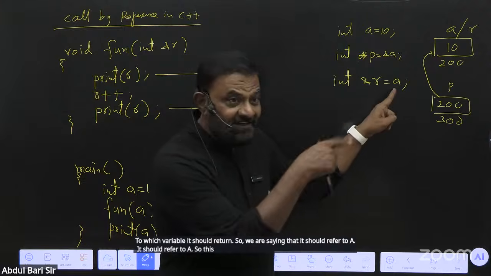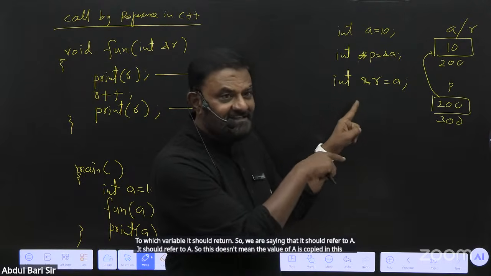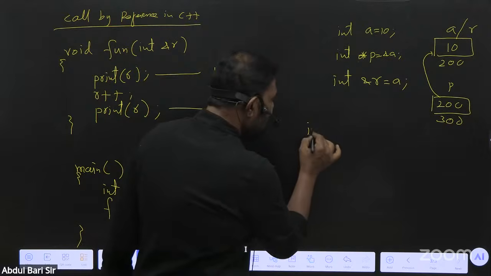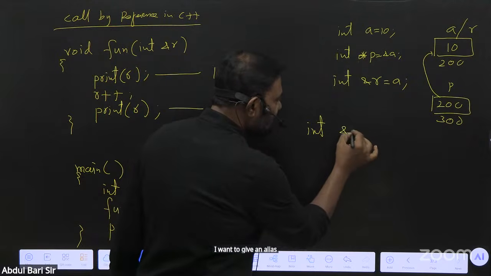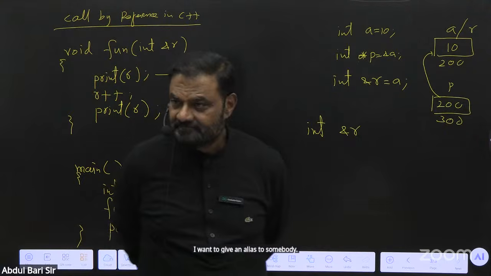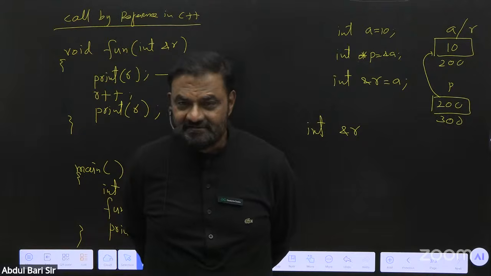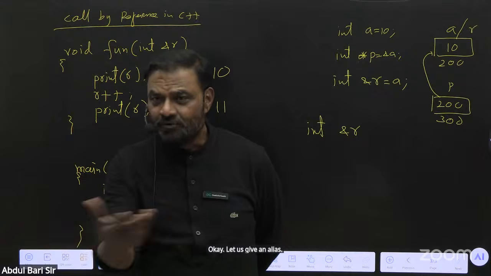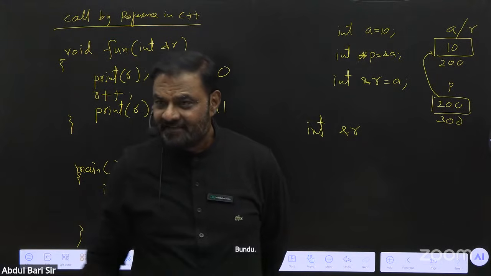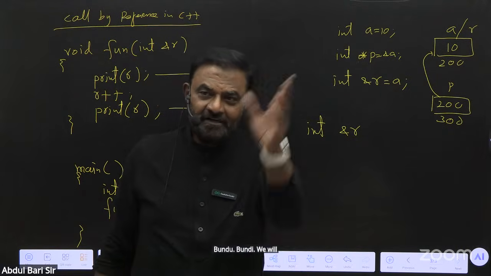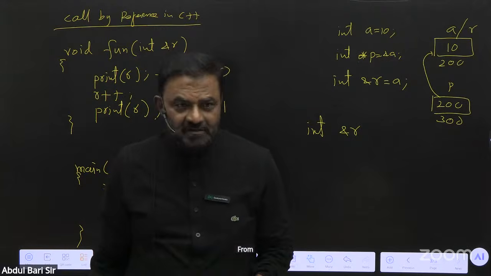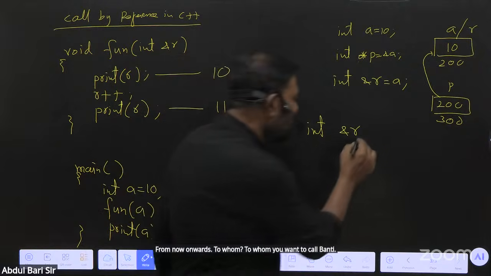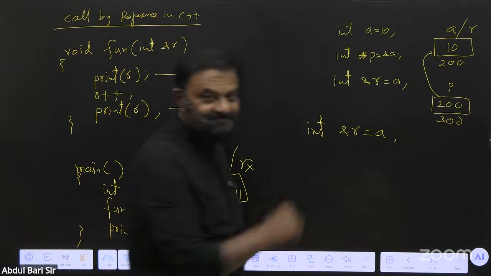So this doesn't mean the value of A is copied into this one. Let us say like this: I want to give an alias to somebody. Let us give an alias. Bunty. We will call him Bunty from now onwards. To whom do you want to call Bunty? To him.